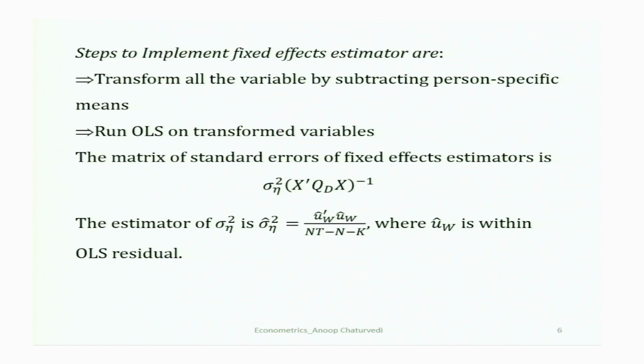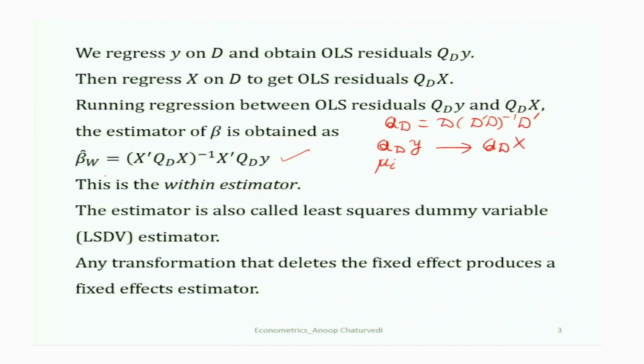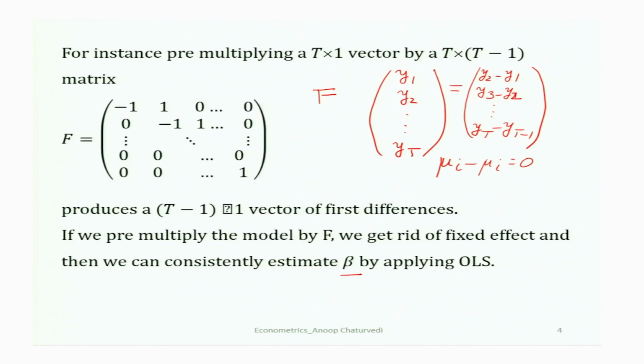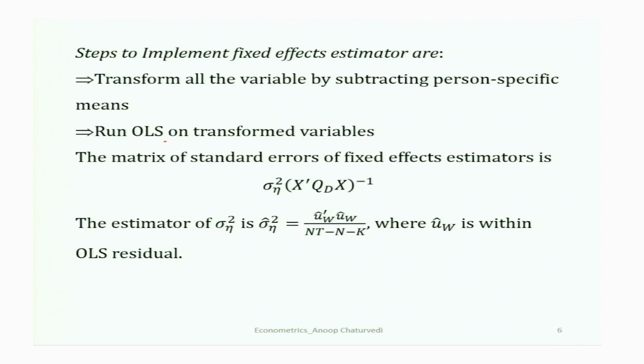Now, this is what we have done here also in this estimator. When we take this transformation, we pre-multiply by Q_D, then it produces a vector as deviation from person specific mean, like this, and then you can run OLS on transformed variables.